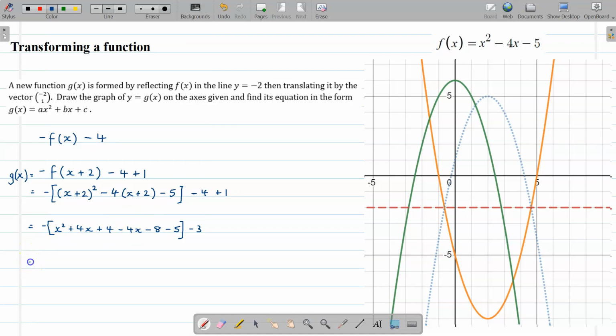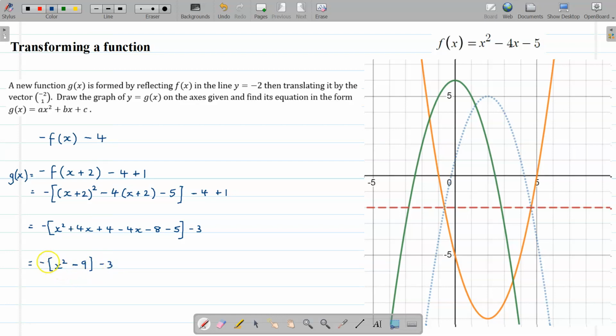Now let's go to the next step and tidy this up. If we just gather the like terms first of all, we've got the negative of x squared. The 4x and the minus 4x cancel. I've got plus 4 minus 8, which is minus 4, and I've also got minus 5, which is minus 9. So it's x squared minus 9, and then I've got my minus 3 at the end.